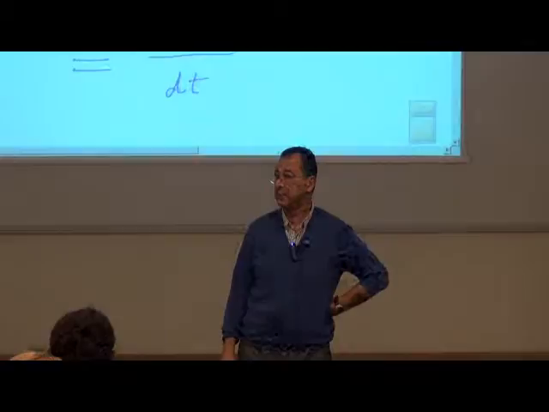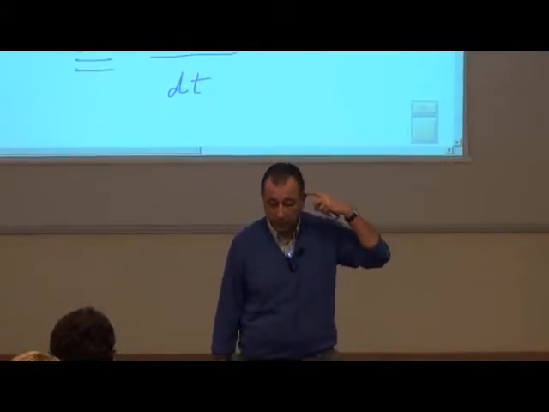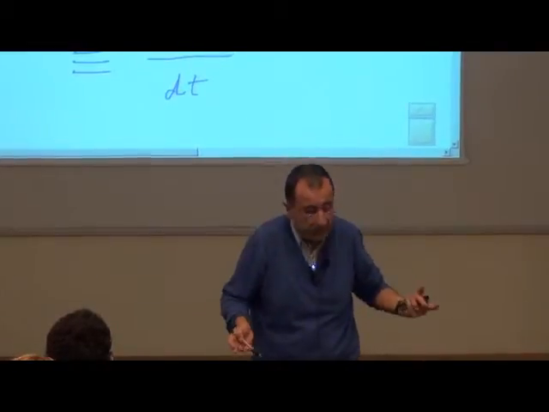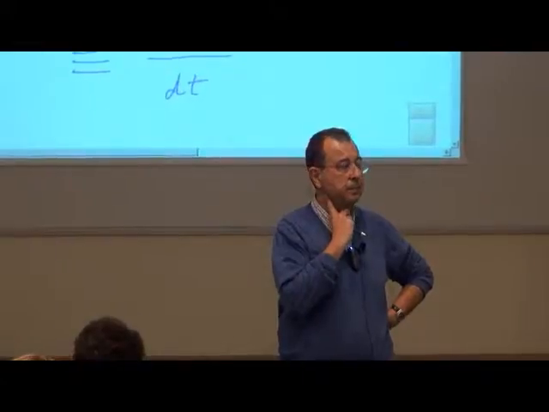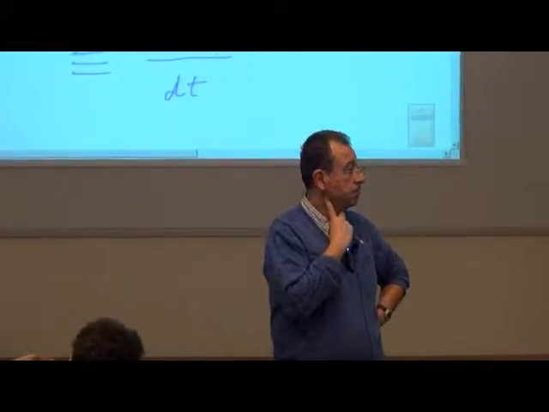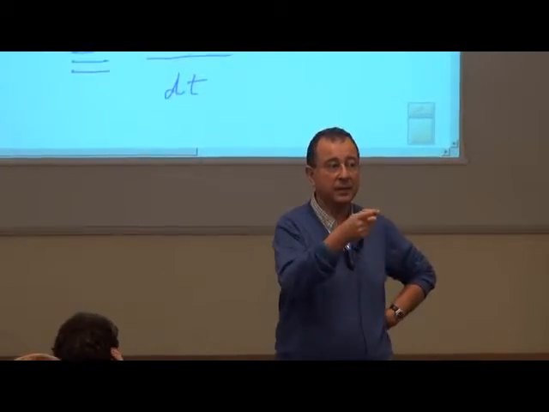How can this make sense? Yes, I'm now suspicious. You know, I'm dividing by 0, the result will be infinity. Will it really be infinity? Why not?